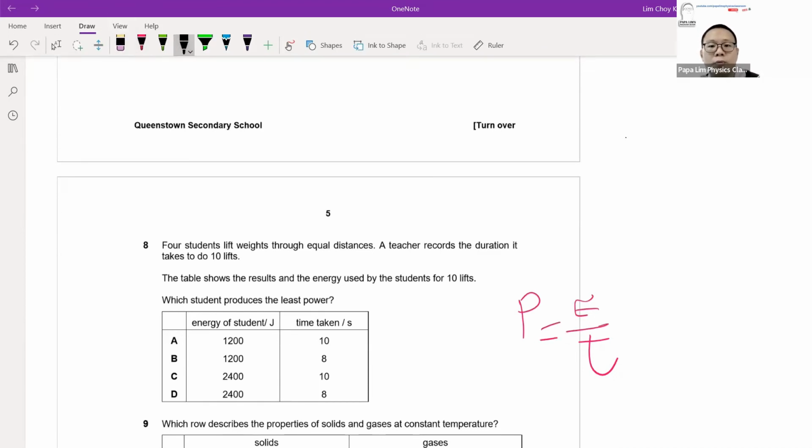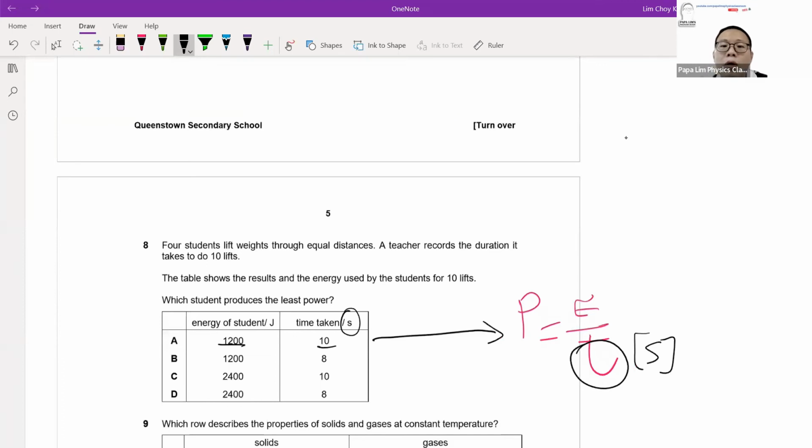One thing to take note of is that time always has to be in seconds. So check: is the unit of time in seconds? Yes, check. With that, you can take the values of energy and time taken and substitute straight into the equation to calculate the power the students produce.